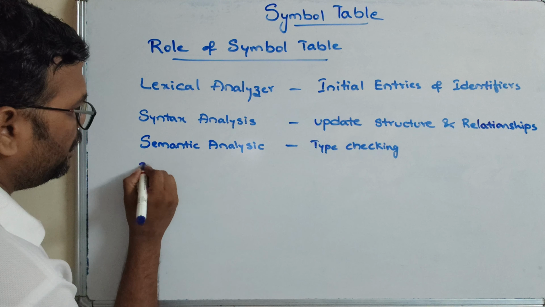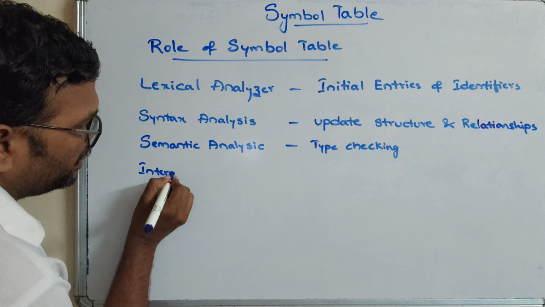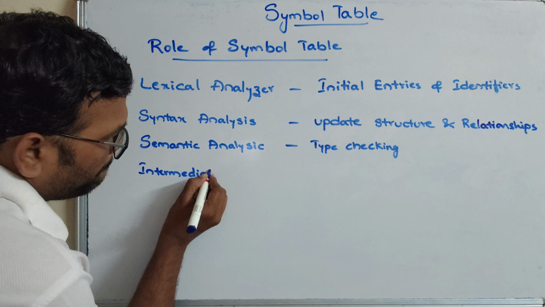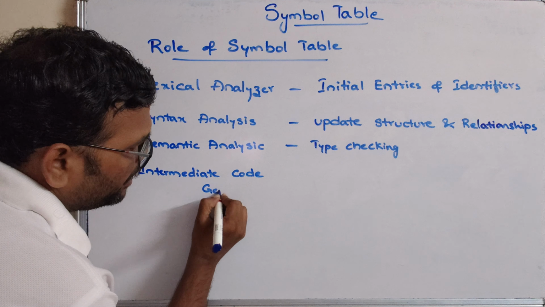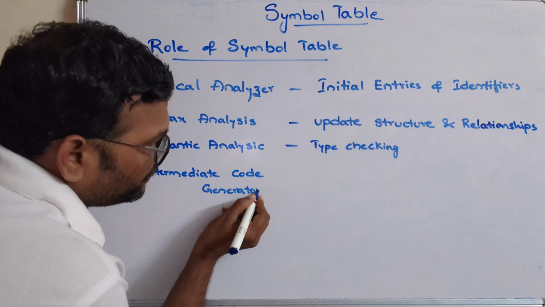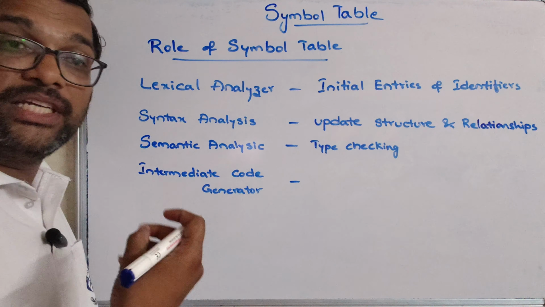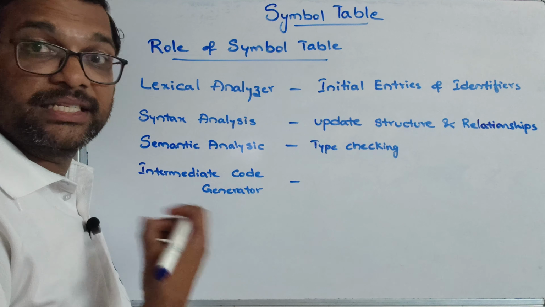Next, the intermediate code generator. In this phase the symbol table is used for address calculation.